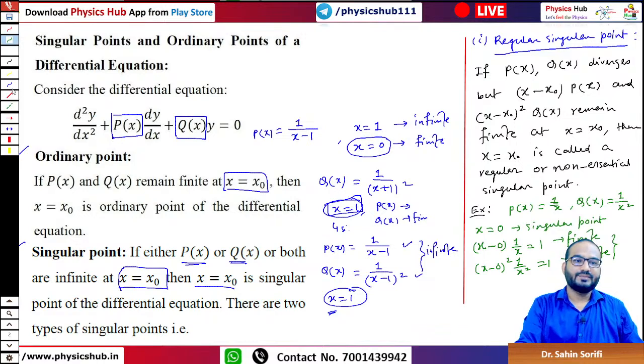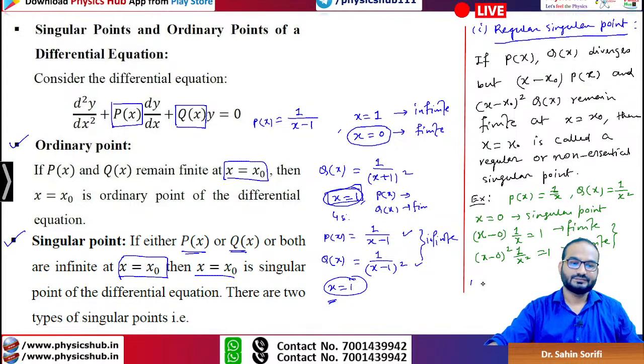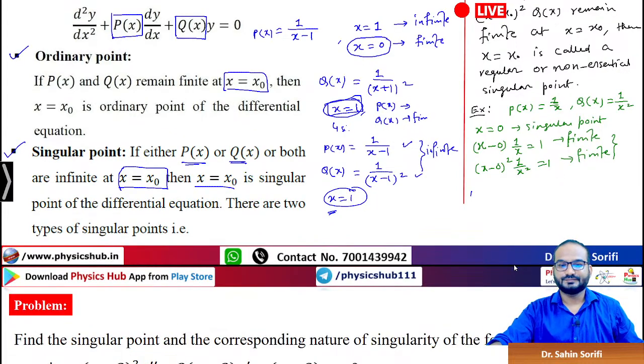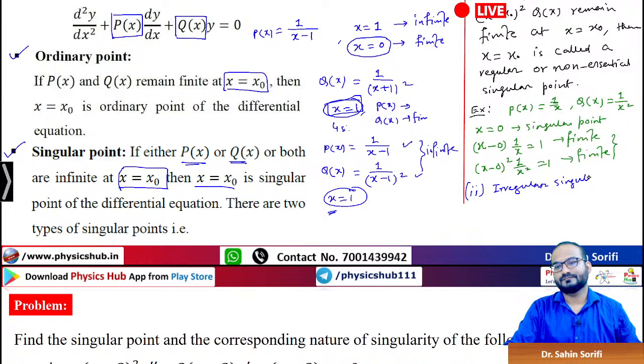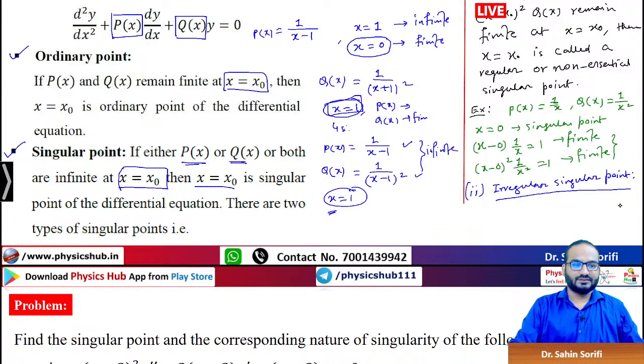And the second type is the irregular singular point. If these were not the case, then we get an irregular singular point.